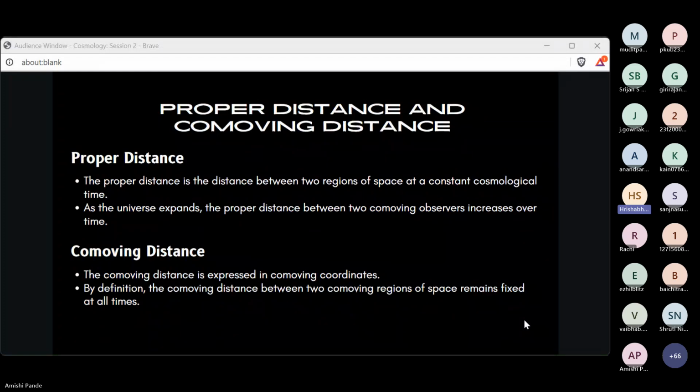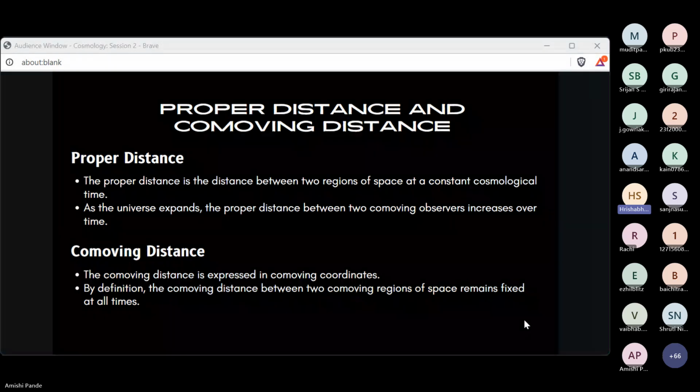Yes, so we saw something called proper distance in the previous slide. Now we need to define what that means. There are two kinds of distance that we encounter while doing cosmology, because our universe is expanding: proper distance and co-moving distance.